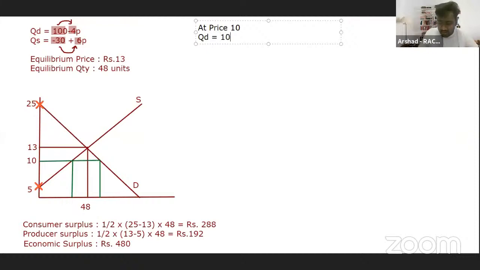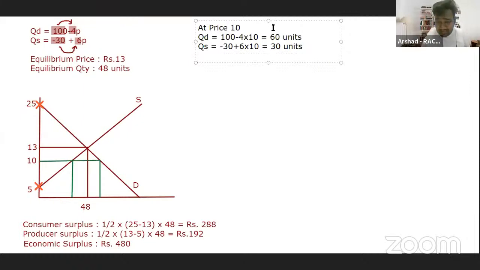Simple question. 100 minus 4 into 10. So quantity demand is 60 units. How much is the quantity supplied? QS equals minus 30 plus 6 into 10. That's 30. So now based on these numbers, can you find the excess demand?